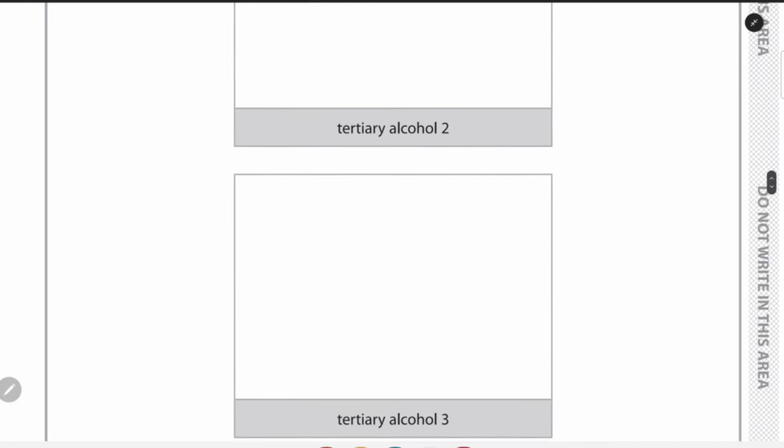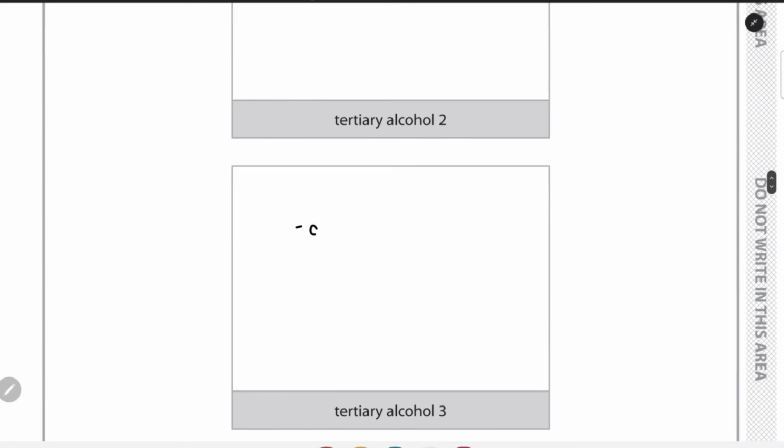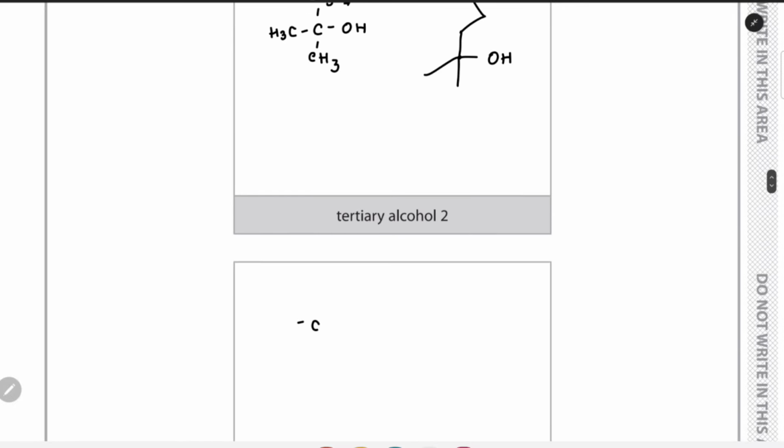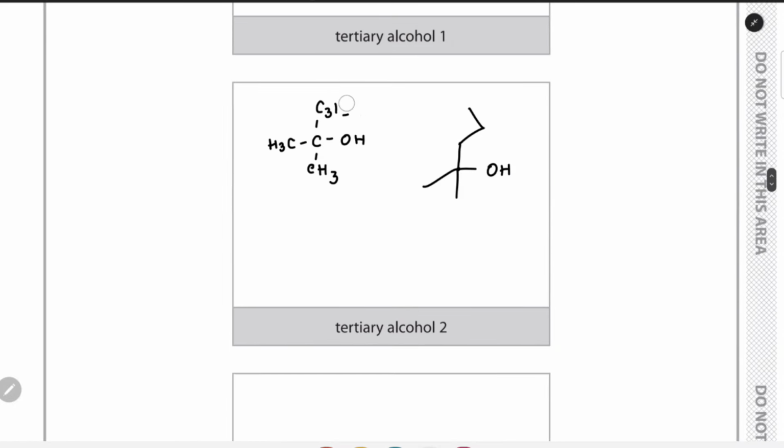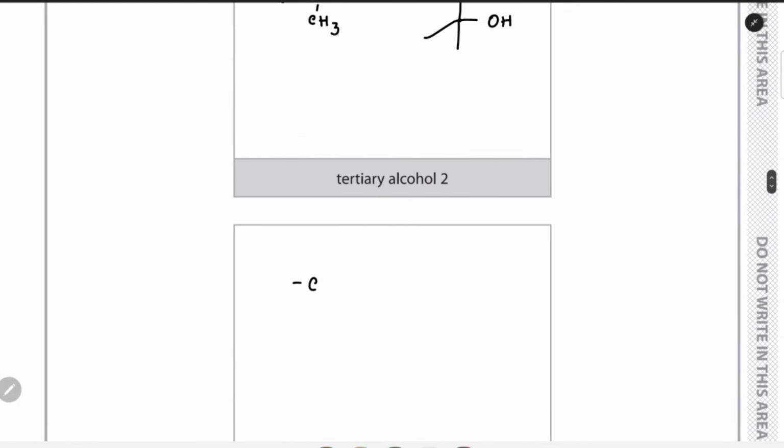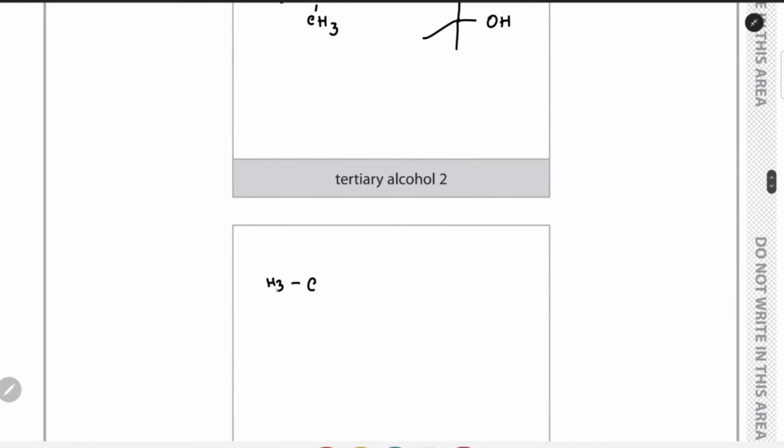Now for the other one, we can have some branching in this C3H7. Over here I had the C3H7 as CH2, CH2, CH3. Instead of that, we can have a side chain over here. So the rest is the same. CH3, CH3, OH. This is the same.